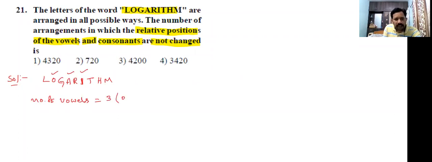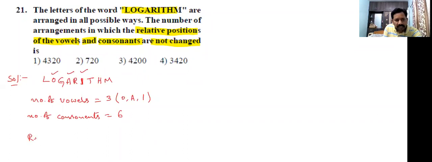Number of consonants, how many are there, students? Overall, observe how many letters are there in logarithm. There are 9 letters. Out of 9 letters, 3 vowels means the remaining 6 are consonants.